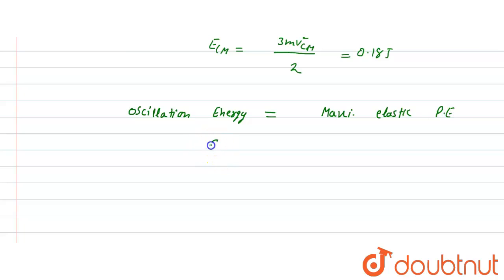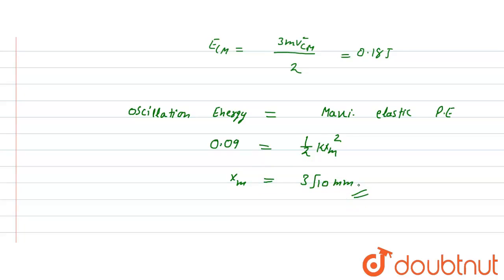So 0.09 is equal to half k x m square. Now here x m is equal to 3 under root 10 millimeters.